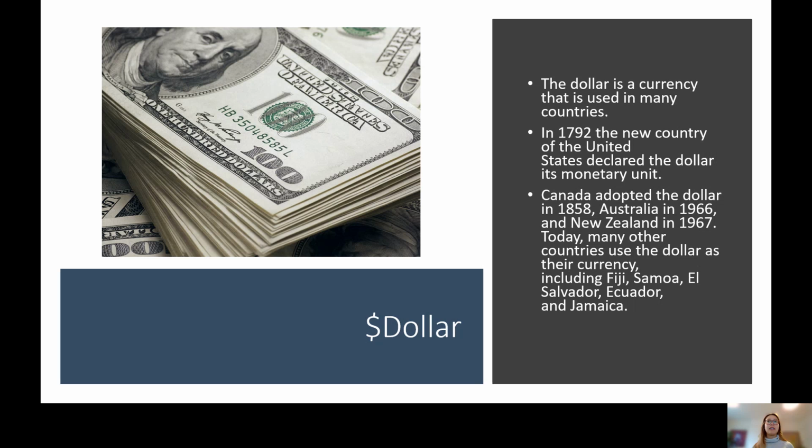Canada adopted it in 1858, Australia in 1966, and most recently New Zealand in 1967. So they all have different types of dollars for their currency. Other countries include Fiji, Samoa, El Salvador, Ecuador, and Jamaica. They also all use a dollar as their own currency.